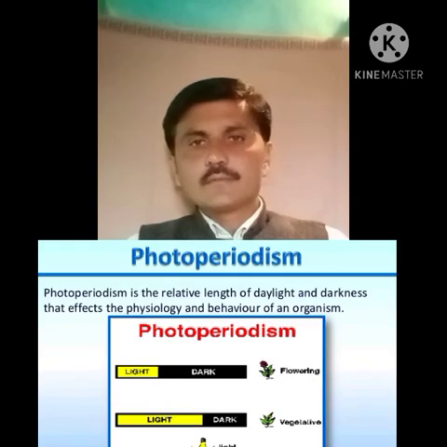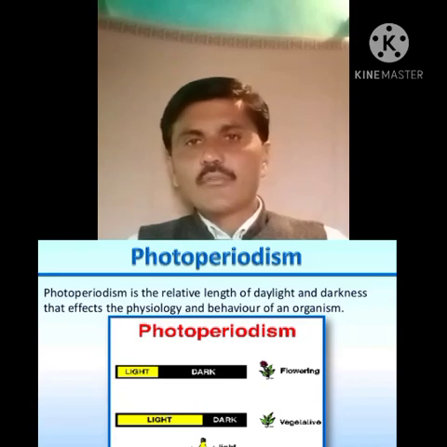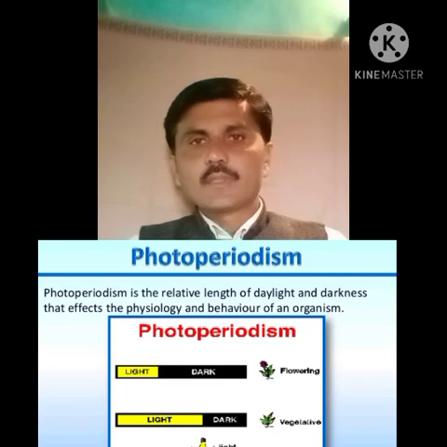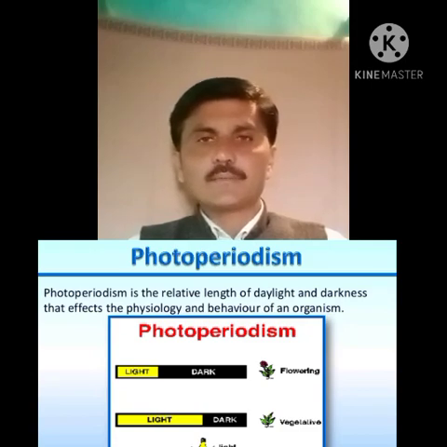On this earth, we find the duration of day and the duration of night differs between the two poles, and ultimately the life and the physiological processes of the plant also seem to be different.